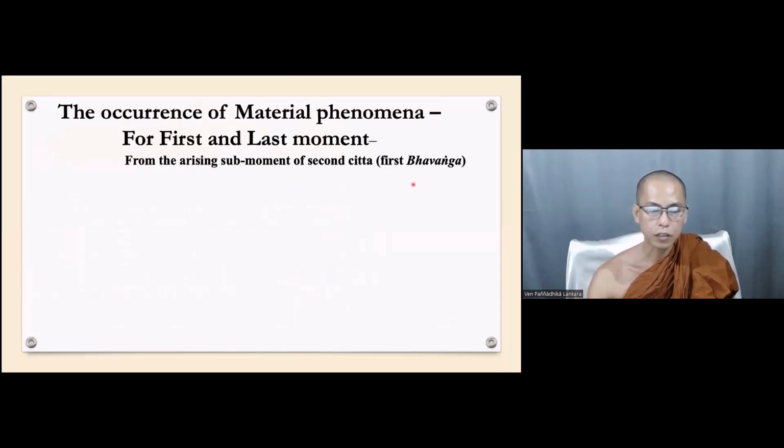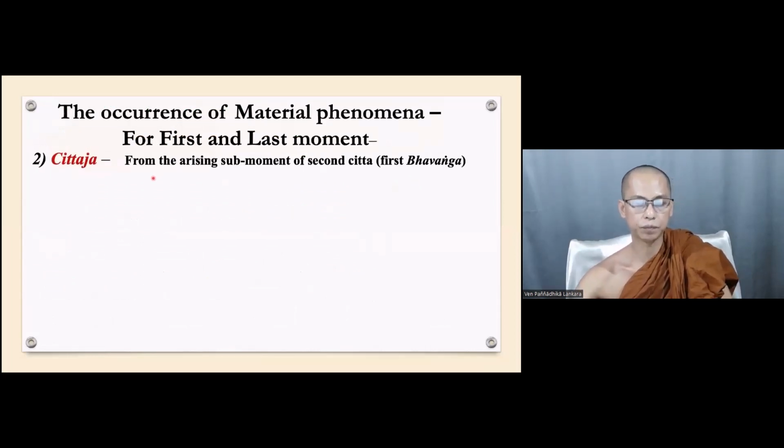Then let's continue about the citta, the materiality born of consciousness, citta rupa kalapa. The first moment is the arising sub-moment of the second citta. The second citta refers to the first bhavanga, the moment following the rebirth-linking consciousness.